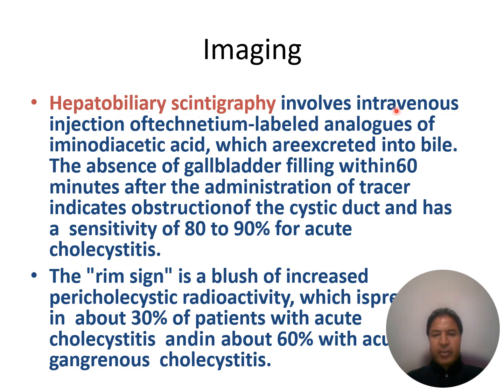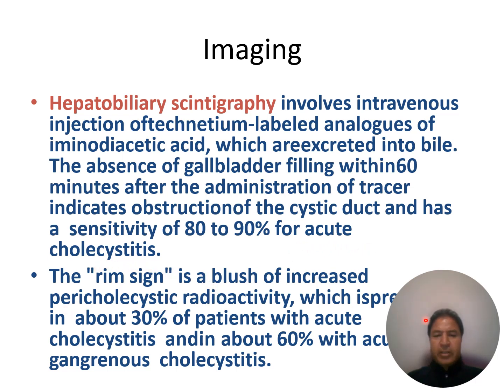Hepatobiliary scintigraphy involves intravenous injection of technetium-labeled analogues of iminodiacetic acid, which are excreted into bile. The absence of gallbladder filling within 60 minutes after the administration of tracer indicates obstruction of the cystic duct and has a sensitivity of 80 to 90% for acute cholecystitis.